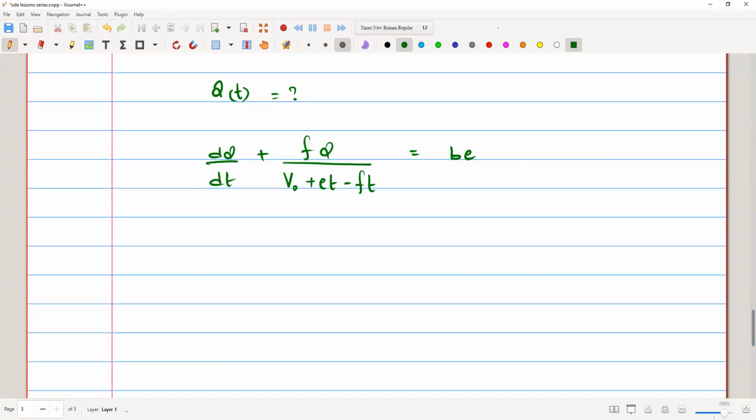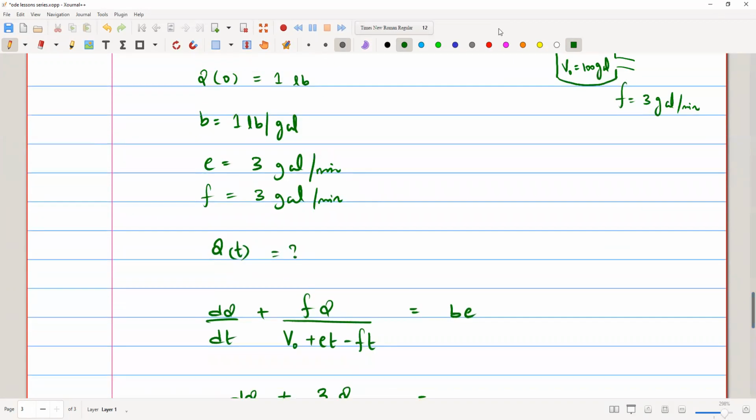Now these are known, so we can plug in the values. F is given as 3 gallons per minute, and the initial volume in the tank is 100 gallons, plus 3t minus 3t, because rate in is 3, that is E is 3, F is 3, and equals B is given as 1.